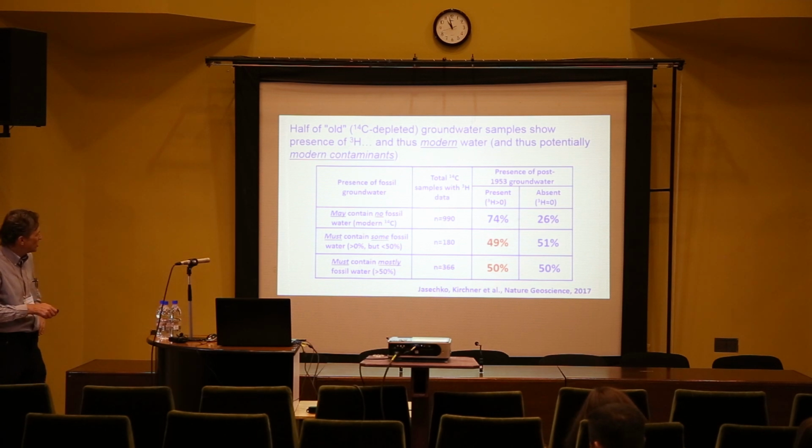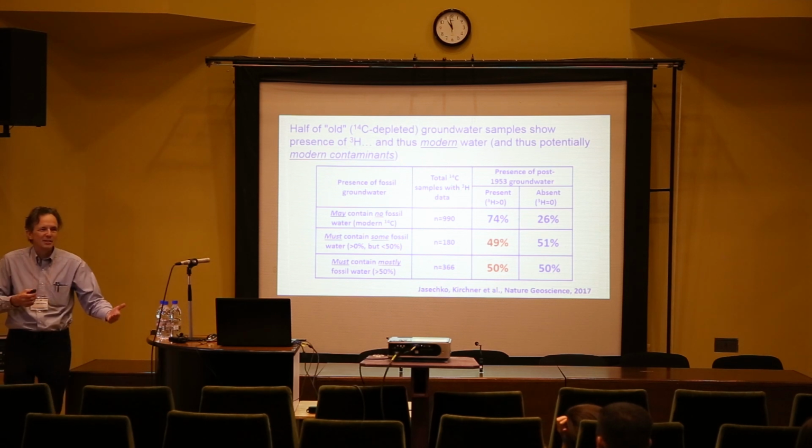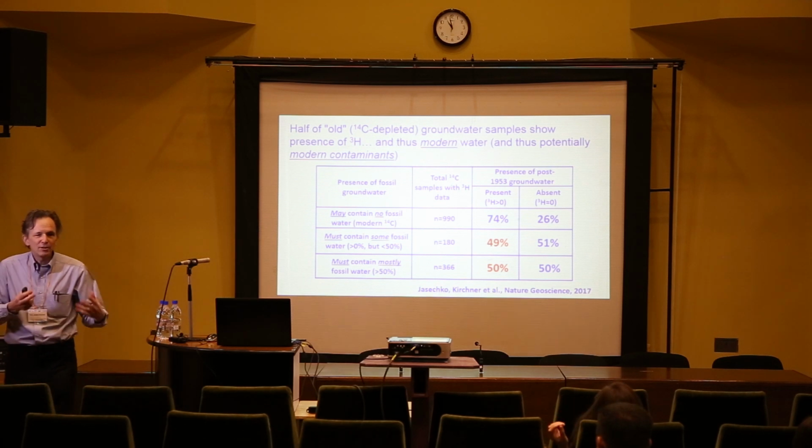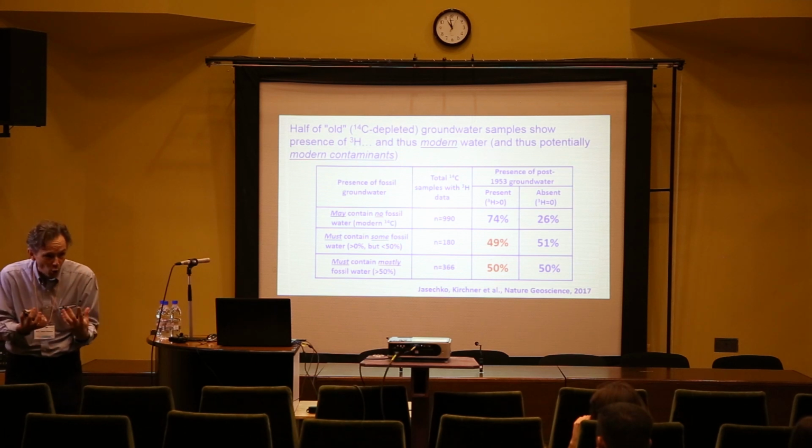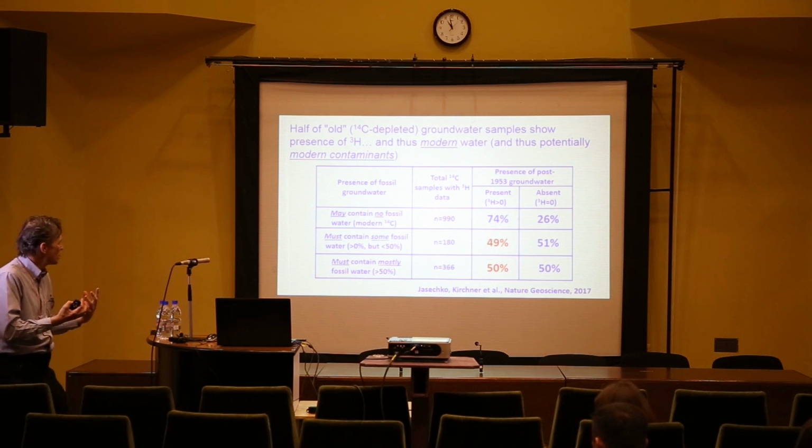If we then look within these samples at the presence or absence of groundwater that has tritium, we see that half of these samples that are significantly depleted in carbon-14 and therefore should be really, really old, right?